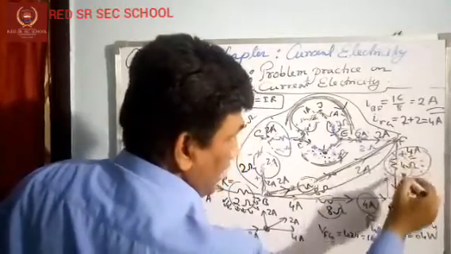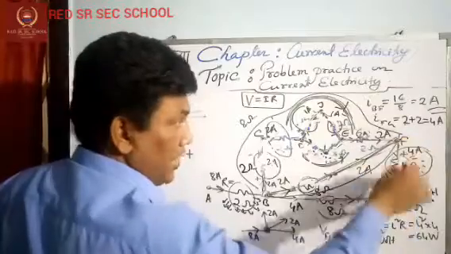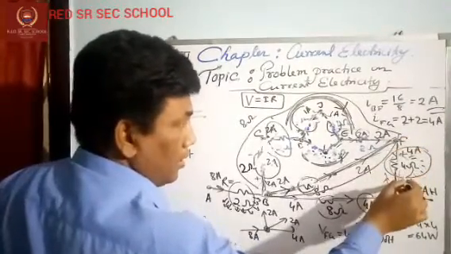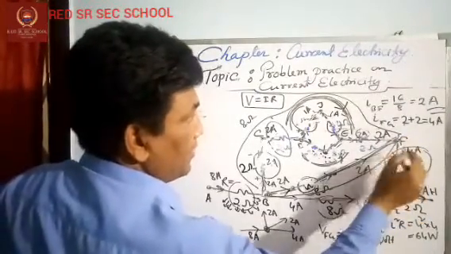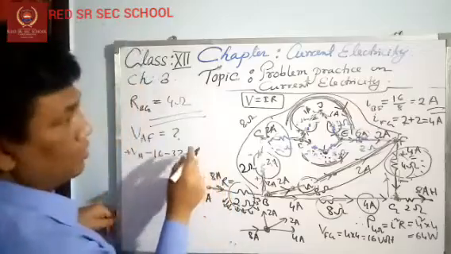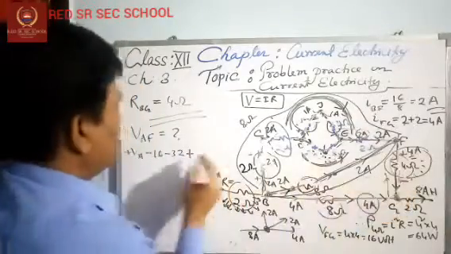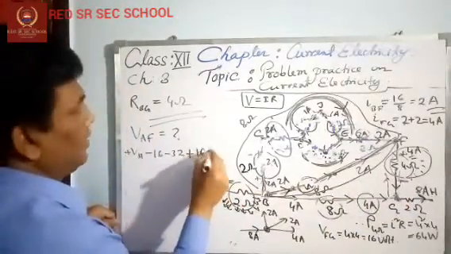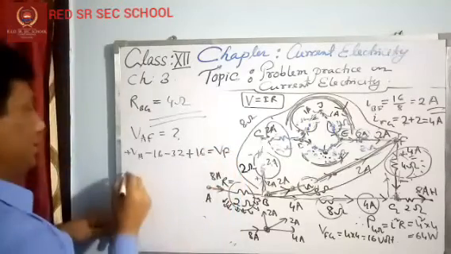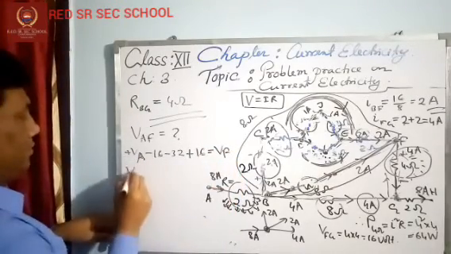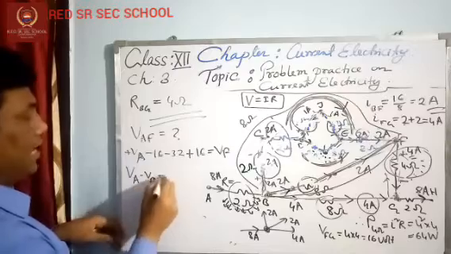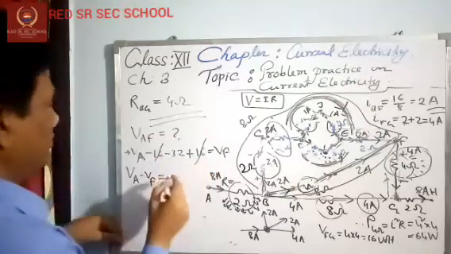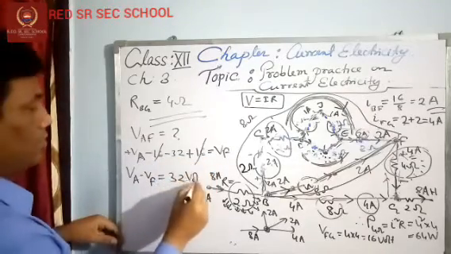So this point is high potential, this point is low potential, because current always flows from high to low. But for me, the final potential is high. That is why plus 4 into 4, 16 equal to VF. So I get VA minus VF equal, 16 got cancelled, 32 volt.